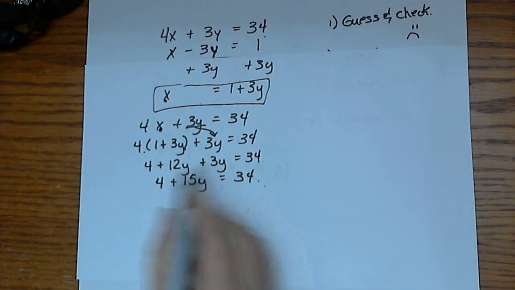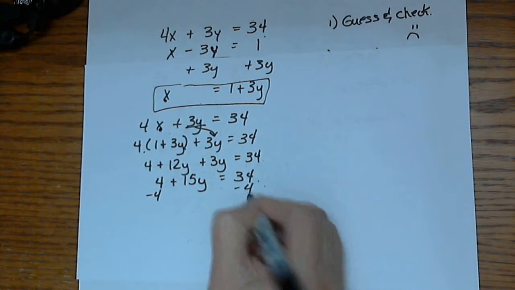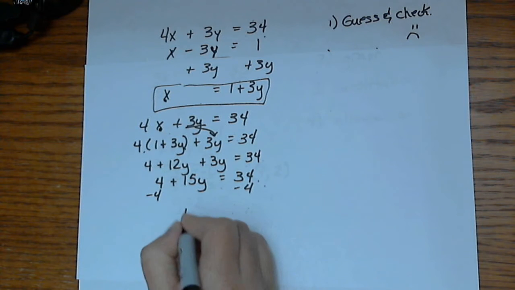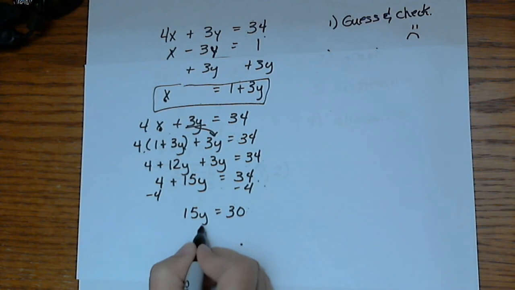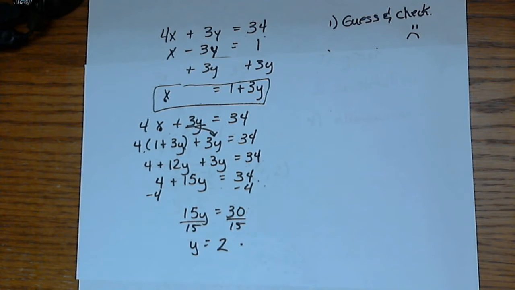Get y by itself. We're going to subtract 4 from both sides. 15y equals 30. Y is not by itself yet, so now we'll divide by 15. Y equals 2. Okay.